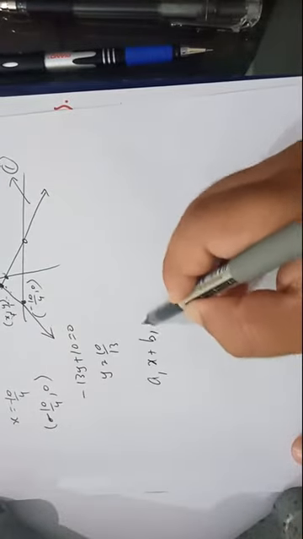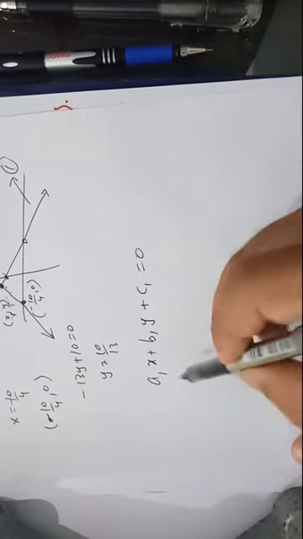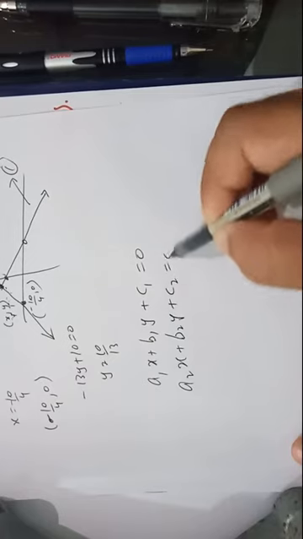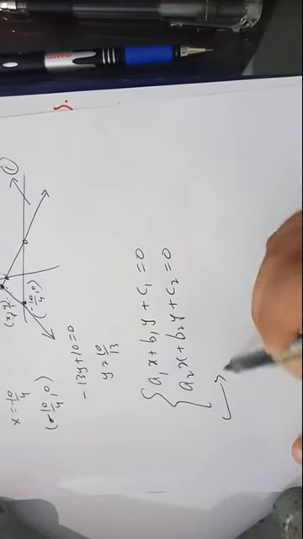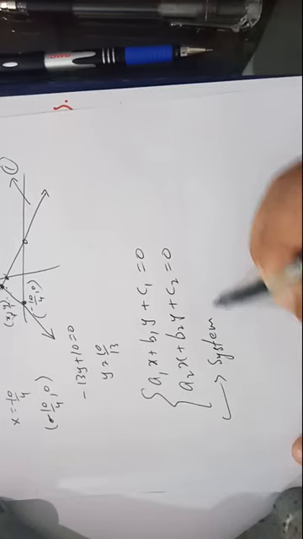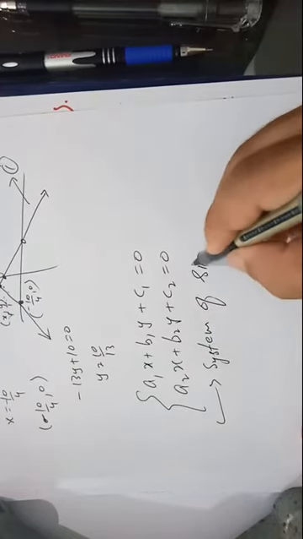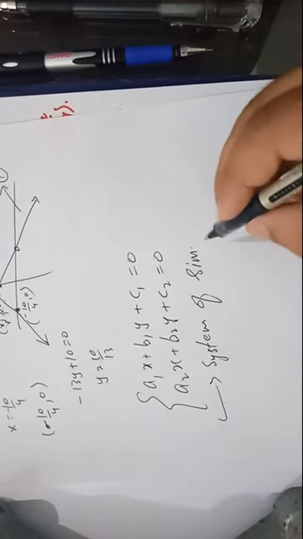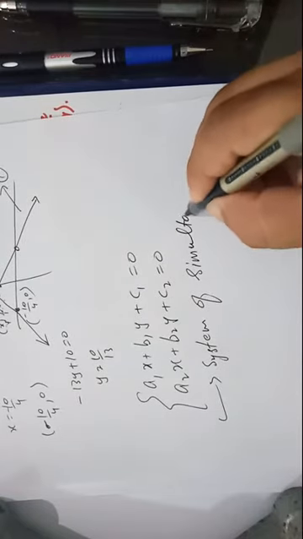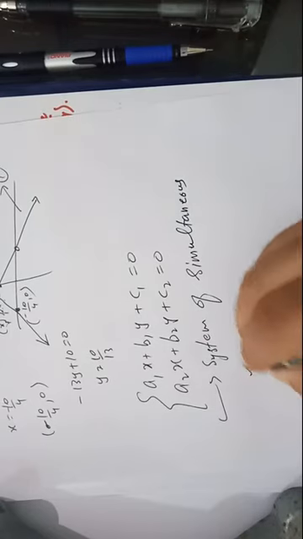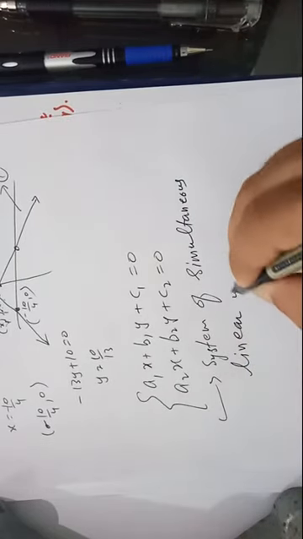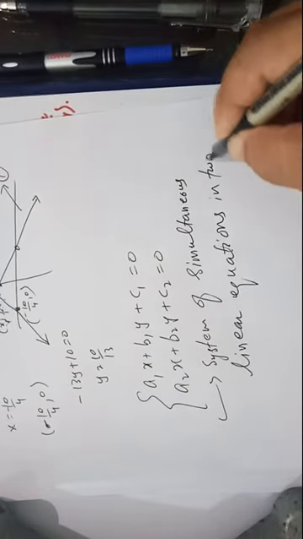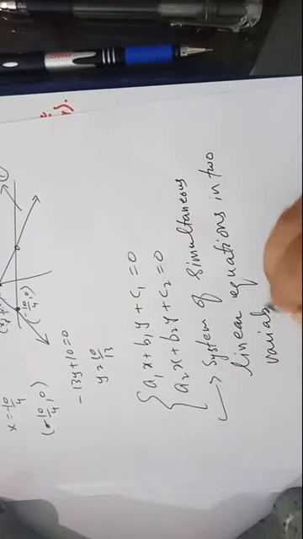So actually if I choose a1x plus b1y plus c1 equal to 0, a2x plus b2y plus c2 equal to 0, this is a system of simultaneous linear equations in two variables.